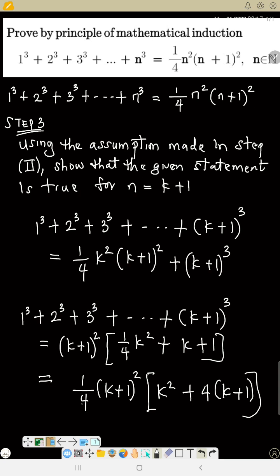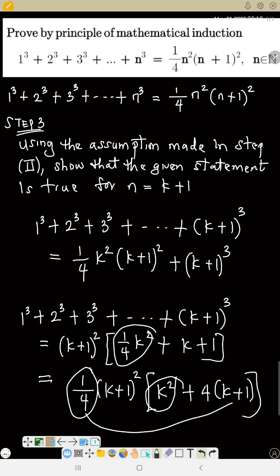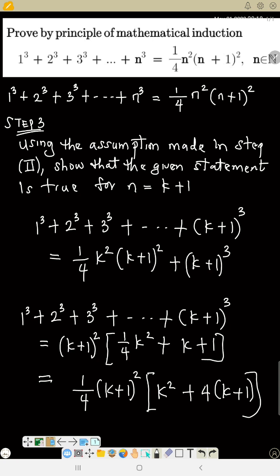So that is 1 over 4 times 4. This 4 will go because this k plus 1 does not have 4. So if you now remove 1 over 4 out, you must put 4 there so that the 4 will cancel out. Because if you say 1 over 4 times this, it will give you this. So that's it. Now, the next step.